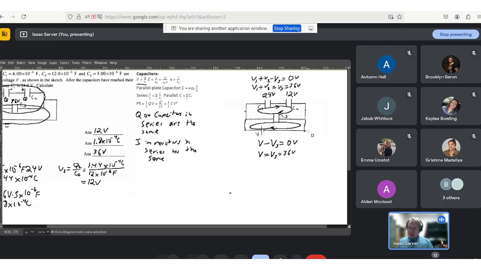So the voltage over the battery, over V3, over 1 and 2, those all have to be the same. So 36 volts there, there, and there. This immediately draws out to me the equivalence from the left side to the right side.